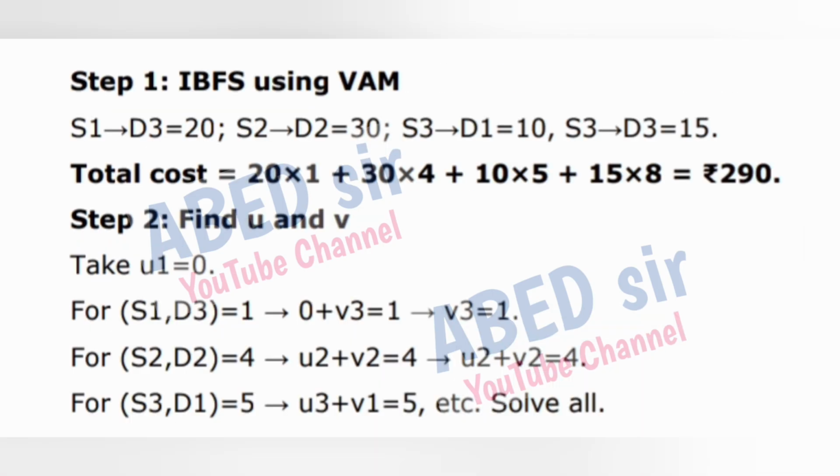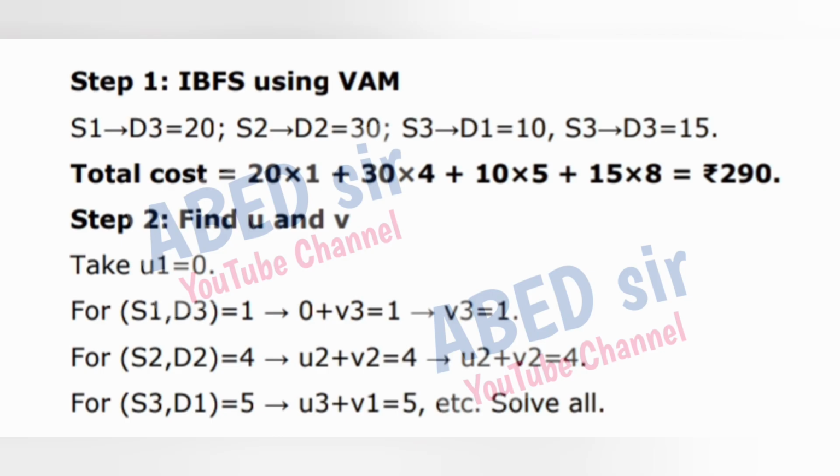IBFS using VAM. S1D3 is equal to 20, S2D2 is equal to 30, S3D1 is equal to 10, S3D3 is equal to 15. Total cost is equal to 20 times 1 plus 30 times 4 plus 10 times 5 plus 15 times 8 is equal to 290 rupees.